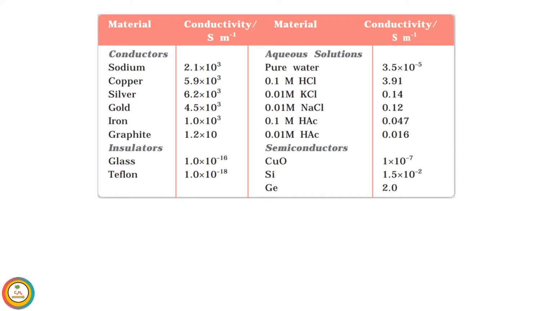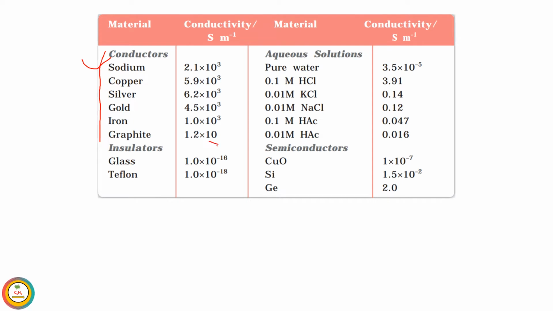Now we compare the conductivity of some materials like conductors, insulators, and some chemical compounds. Look, the conductivity of conductors is very high.